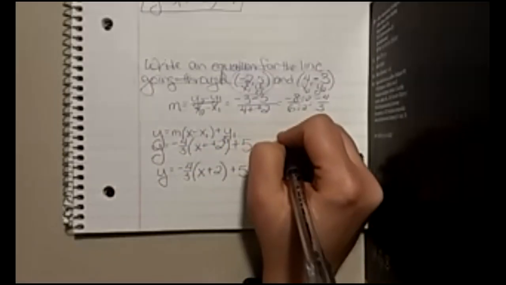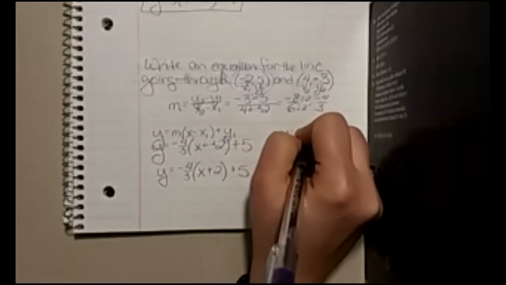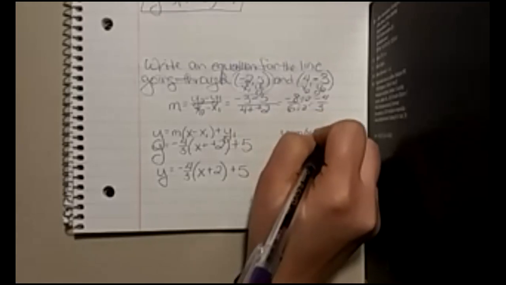Now, some of you might be asking, if my other point was what I labeled x1, y1, would that be okay? And the answer is yes. So if you did point slope form with the other ordered pair, okay, so I'm just going to put an arrow to show we're using this one now.